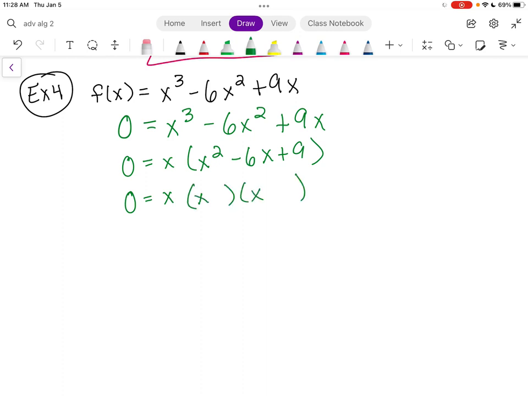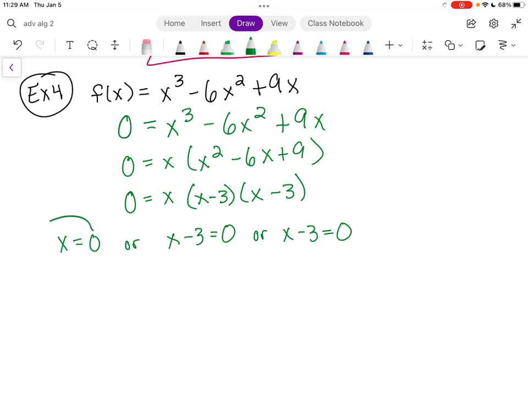I want to use 3 and 3, -3, -3. All right, so when I set this up to find my zeros, technically we have here x equals 0, or x minus 3 equals 0, or x minus 3 equals 0.